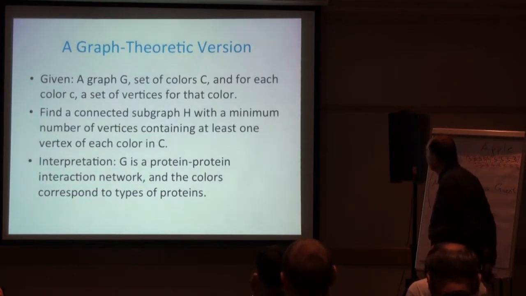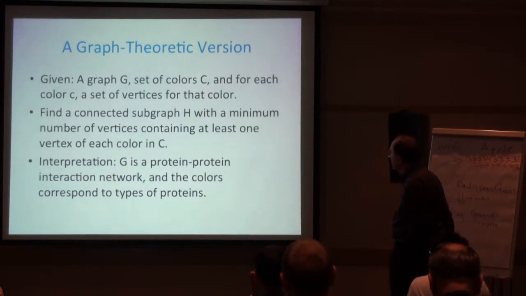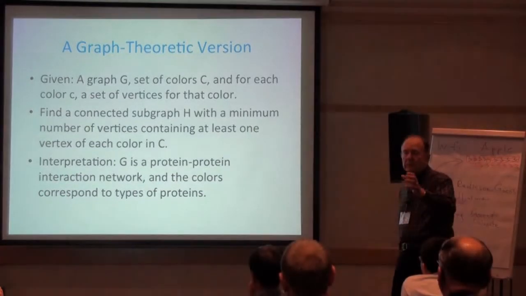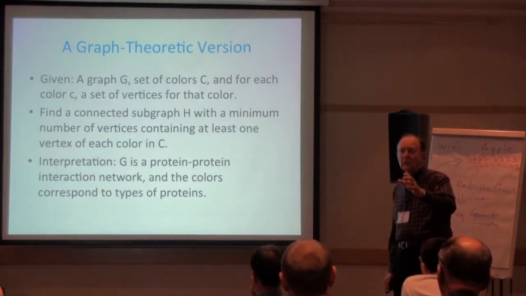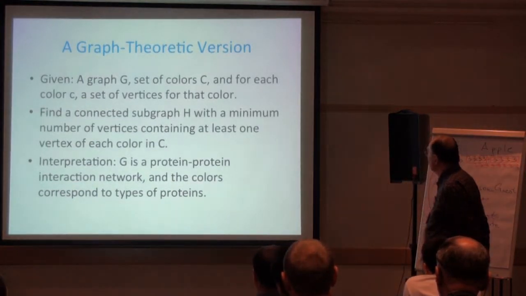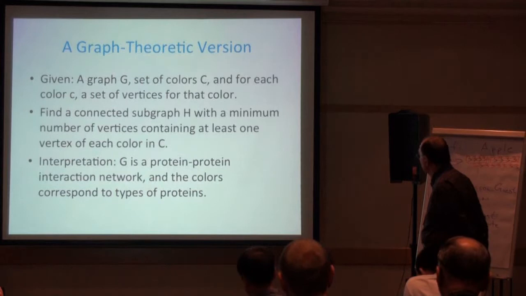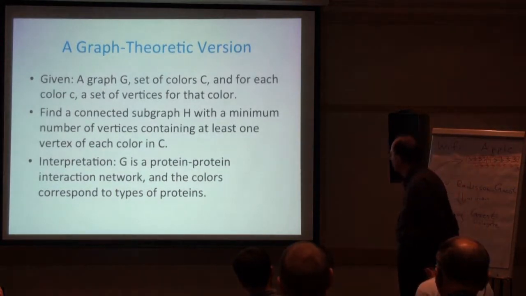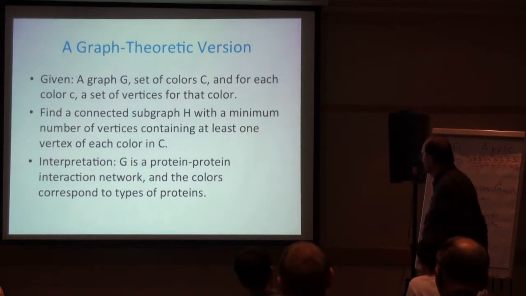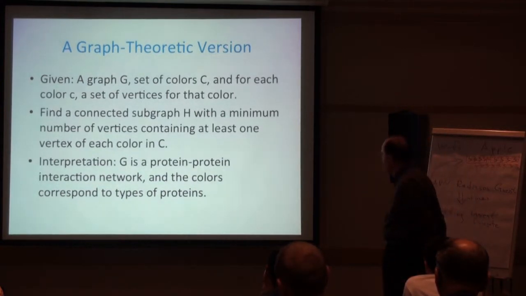You're given a graph, a set of colors, and for each color, a set of vertices of that color. So in other words, every vertex in the graph carries at most one color. And now we want to find a connected subgraph with a minimum number of vertices containing at least one vertex of each color. So the interpretation is that the graph is the protein-protein interaction network of a species.